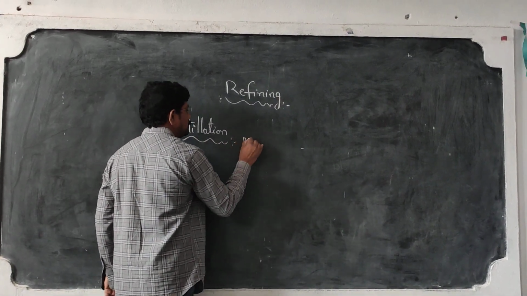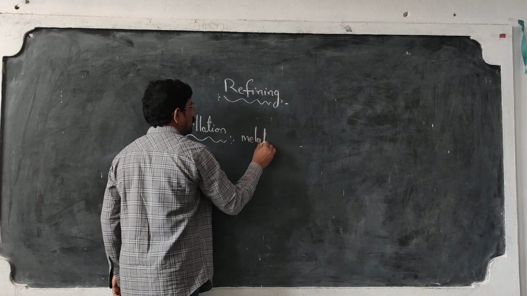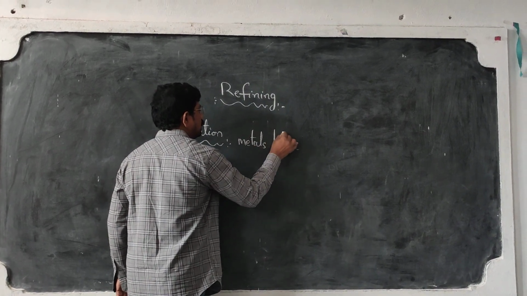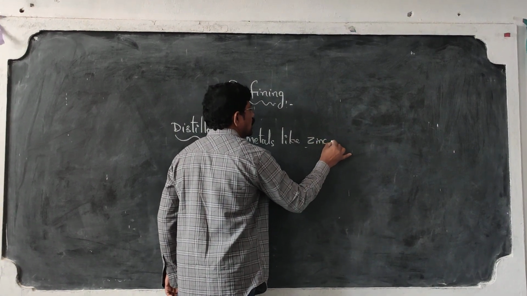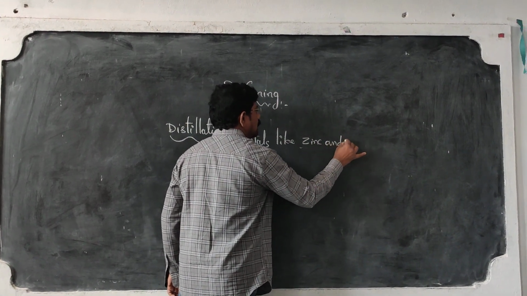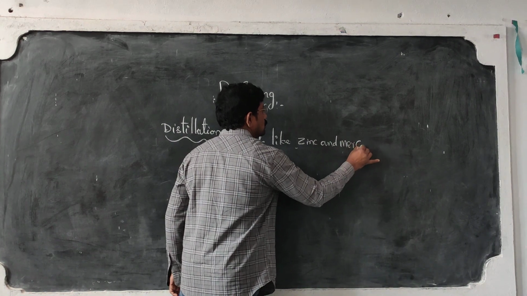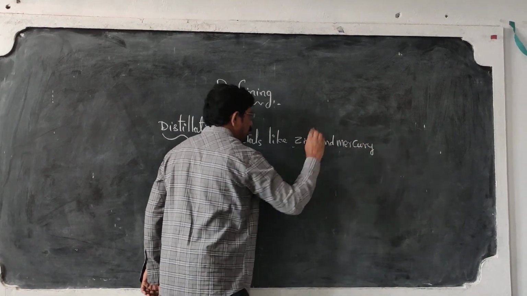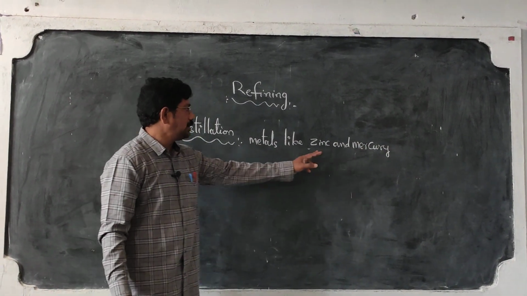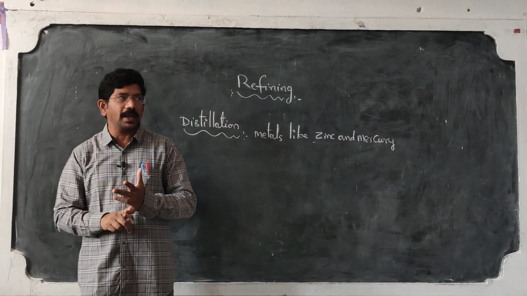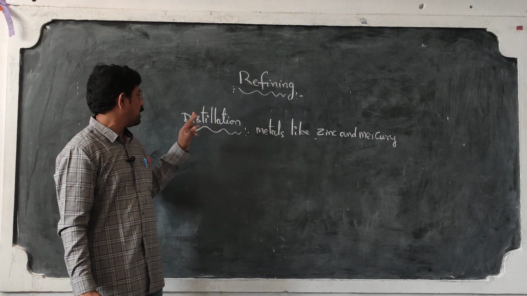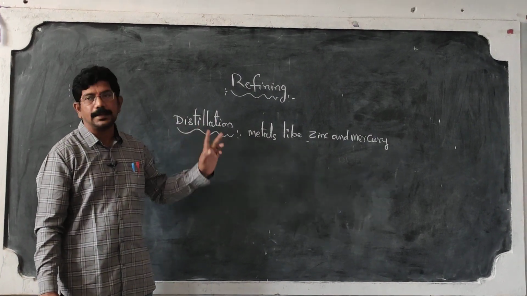Metals like zinc, mercury and cadmium. These metals are refined by a process known as distillation.